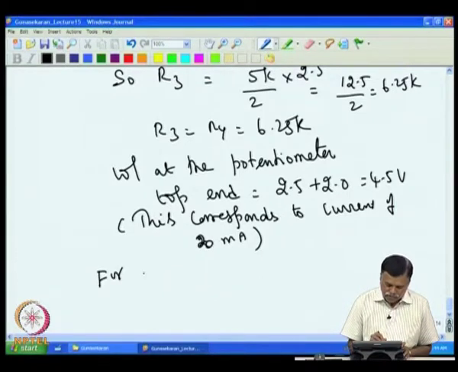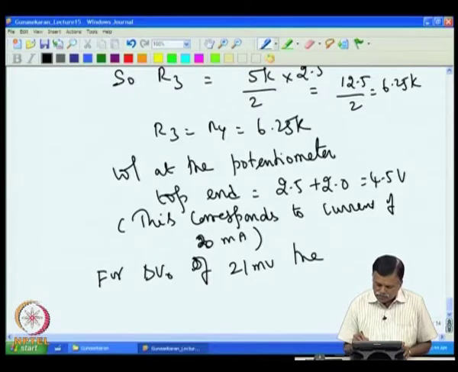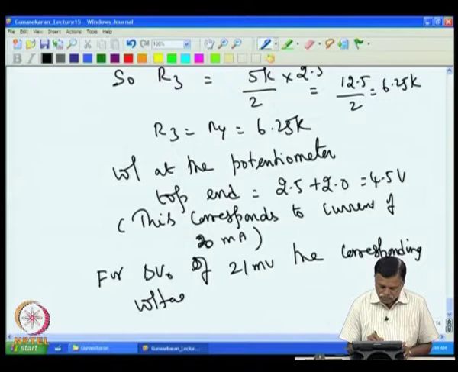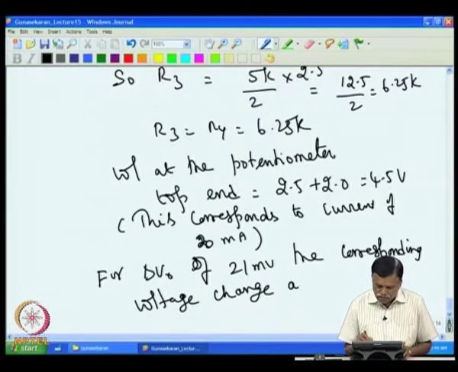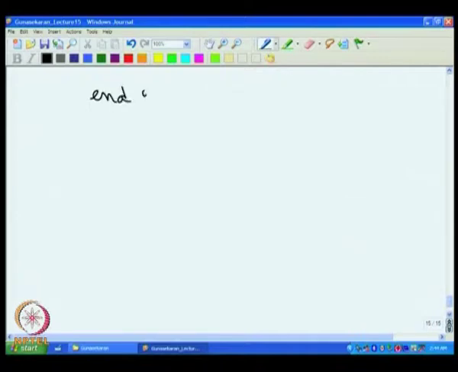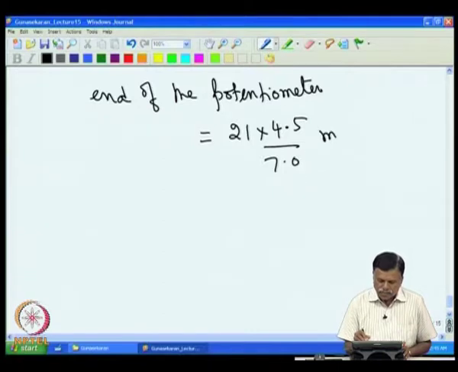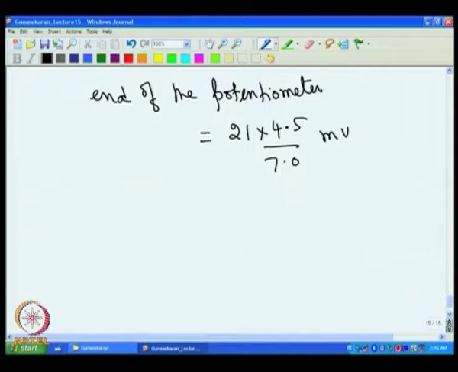For delta V naught of 21 millivolt, the corresponding voltage change at the top end of the potentiometer will be 21 into 4.5 divided by 7, because there is a 21 millivolt change at the regulated output voltage.